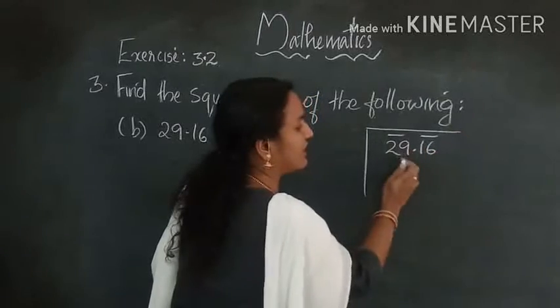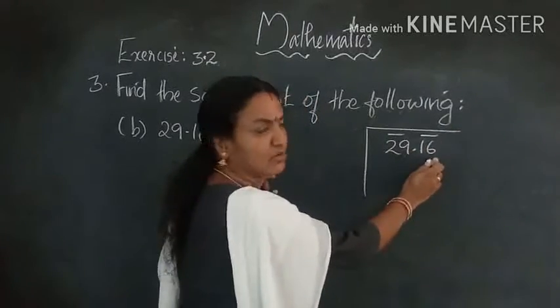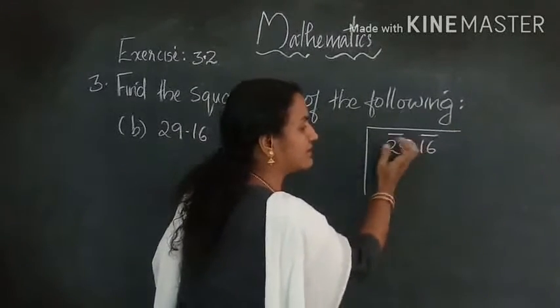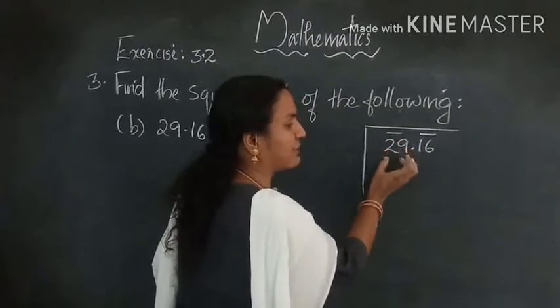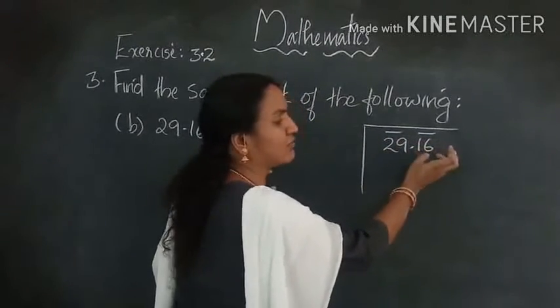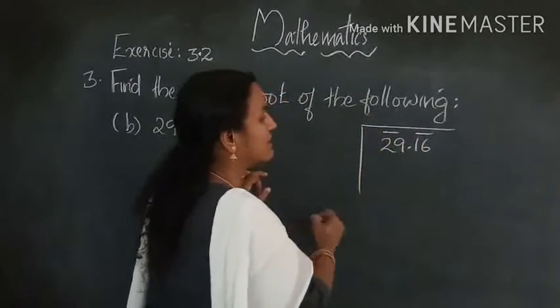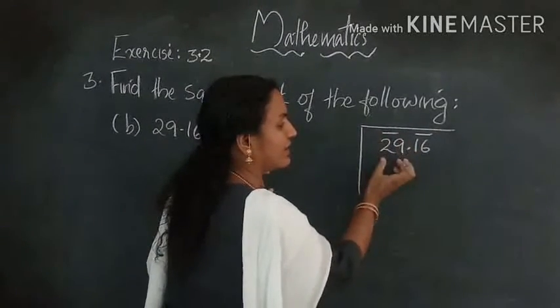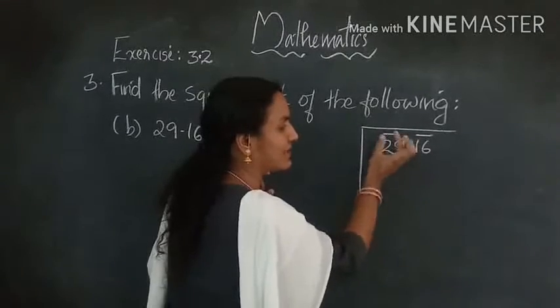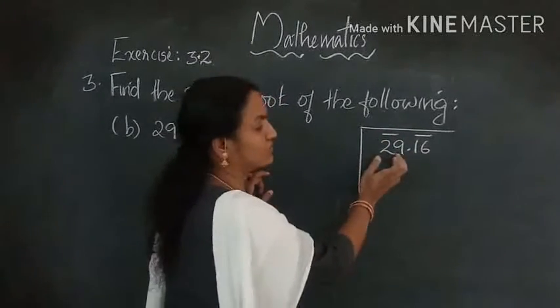Here 29 is the first group and 16 is the second group. This 29 forms a group for the integral part and 16 forms a group for the decimal part. Division: first we think of the nearest perfect square which is less than or equal to 29.